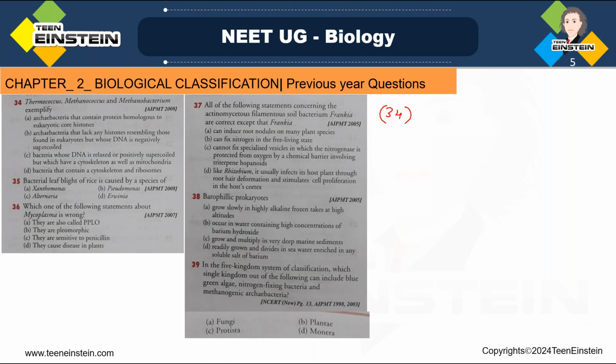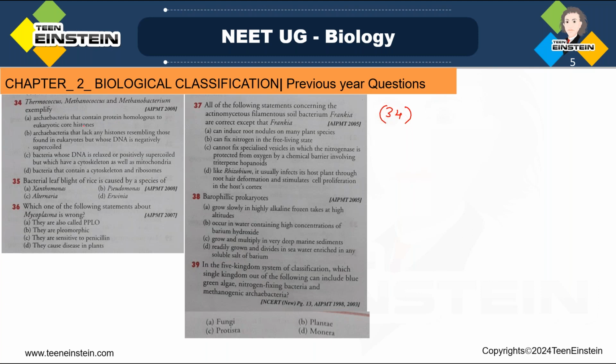Second option, archaebacteria that lack any histone resembling those found in eukaryotes, but whose DNA is negatively supercoiled. And third option they have given, bacteria whose DNA is relaxed or positively supercoiled, but which have a cytoskeleton as well as mitochondria. Fourth option, bacteria that contain a cytoskeleton and ribosome.